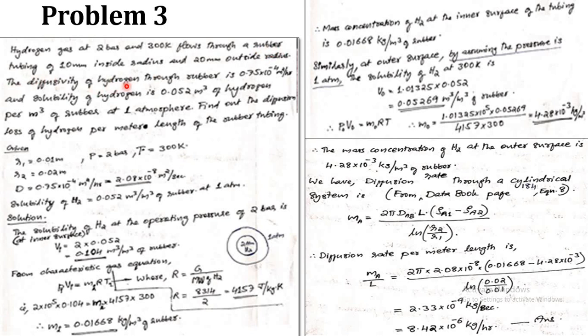The diffusivity of hydrogen in rubber is 0.75 meter square per hour. It is given in hour. And the solubility of hydrogen is 0.052 meter cube of hydrogen per meter cube of rubber. Here there is a unique change in the solubility.